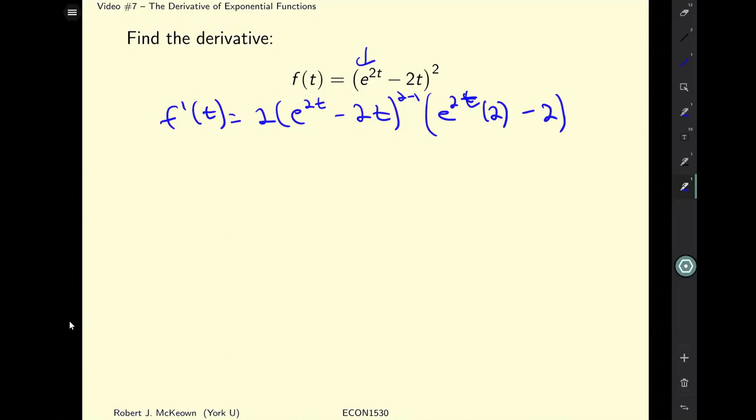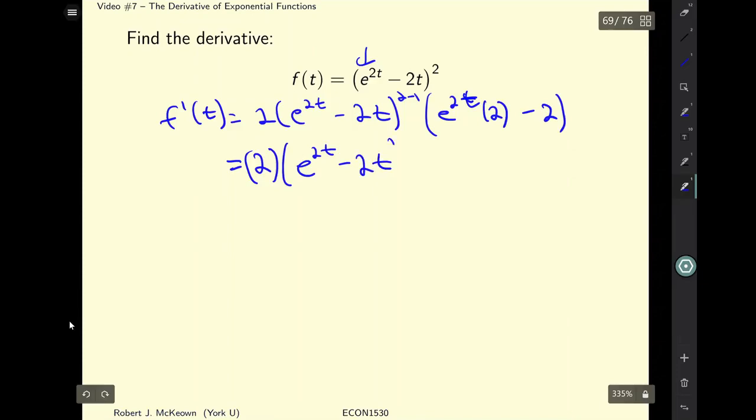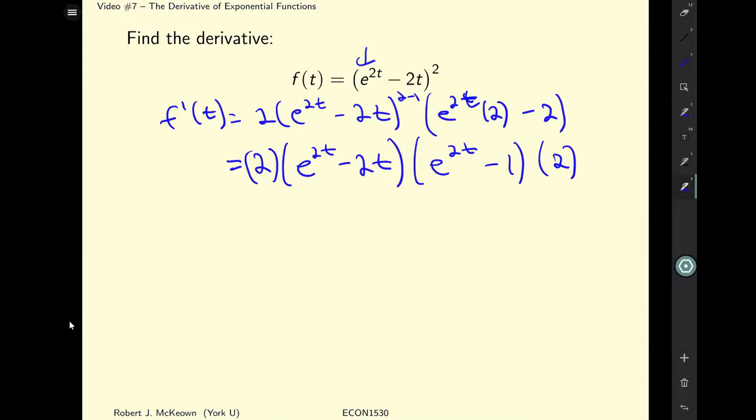It's not super obvious to me how to make this easier to look at, but one thing we could do is we've got 2t minus t in that bracket there. I can factor out a 2 here. So we've got a 2 there.